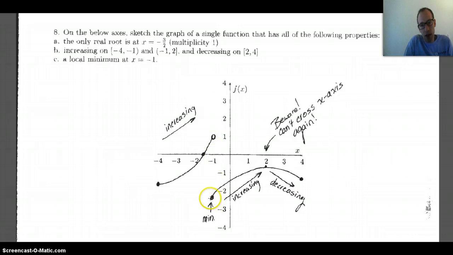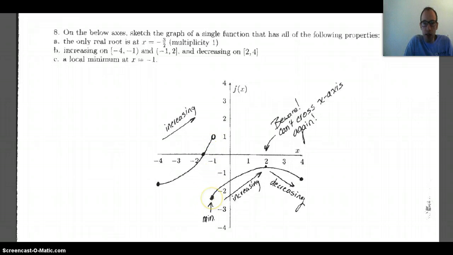And then right here, we drop down, and then we're increasing, increasing, increasing all the way to 2. So we're increasing all the way between negative 4 and negative 1, and between negative 1 and 2, just in an odd way there.